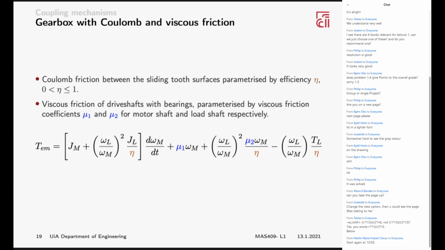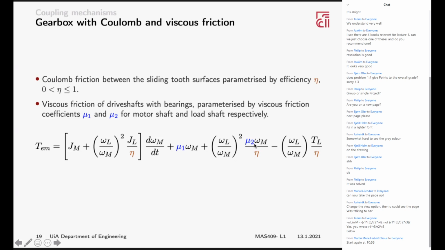Then, when I move the inertia to the motor side, instead of having the gearbox ratio squared times GL, I need to divide by the efficiency eta. And then I will add a force proportional to the speed with coefficient mu1, so mu1 omega m.